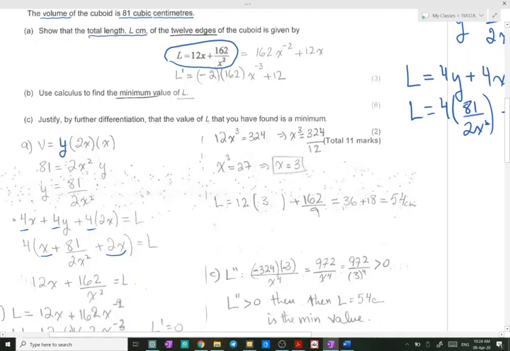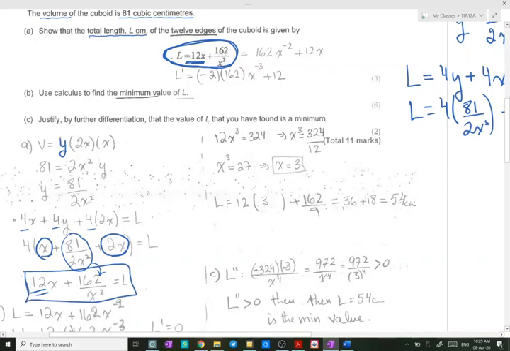You don't really have to use my method, but to reach what they want from us, you need to separate these values. You need to have the x alone, you don't take common denominators, in order to get 12x, which is found here. And then you multiply the 4 times 81, and you have this fraction here, so that you can have the same formula that they want us to find.